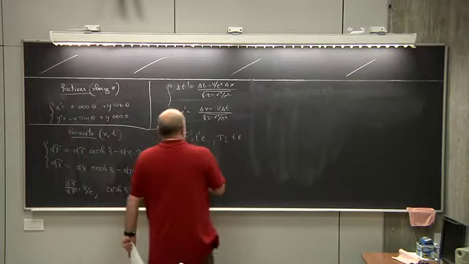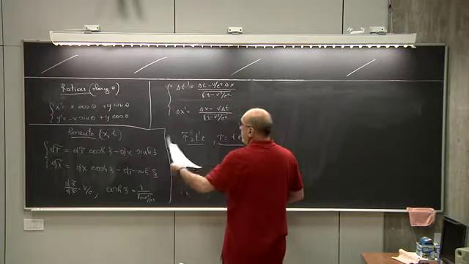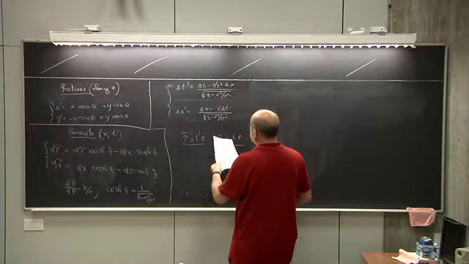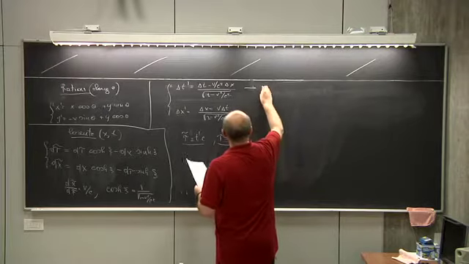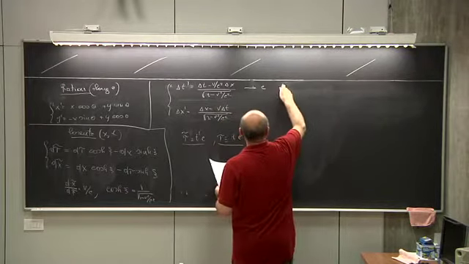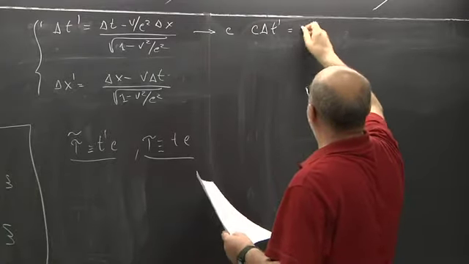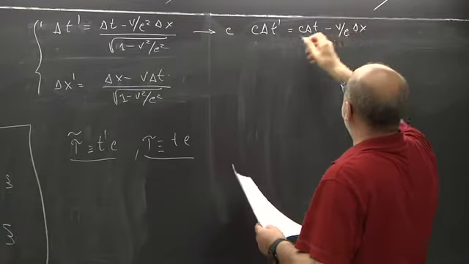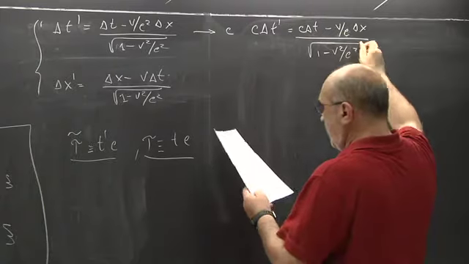And in fact, it is easy to see that this tau tilde and tau are basically t prime c and t c. Let's in fact multiply this quantity by c. We get delta t prime c equal delta t c minus v over c delta x, over square root of 1 minus v square over c square.